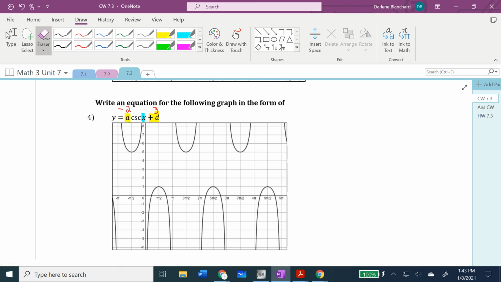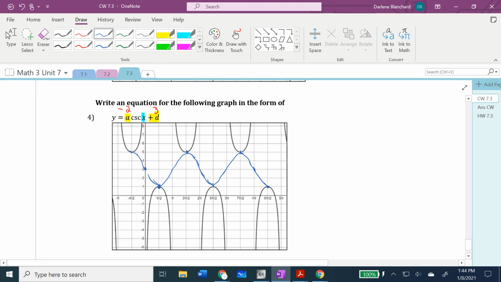I could also say this. If you know that cosecant is the reciprocal of sine, then realize that these are points shared with sine, and you can attempt to draw a sine curve in between them. And the vertical shift and amplitude of your sine graph is going to be identical to its reciprocal's.